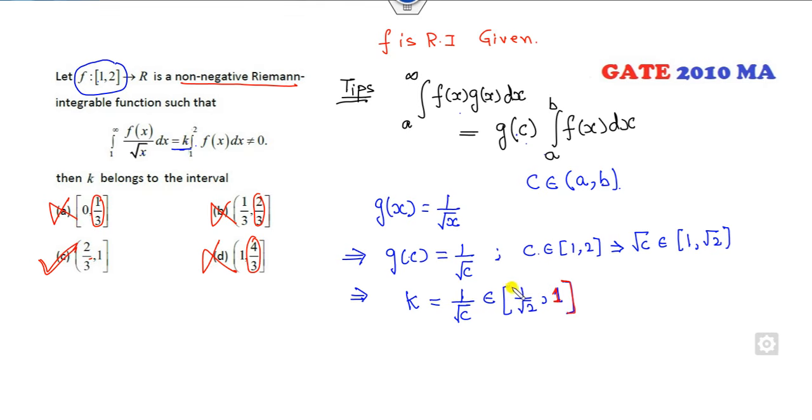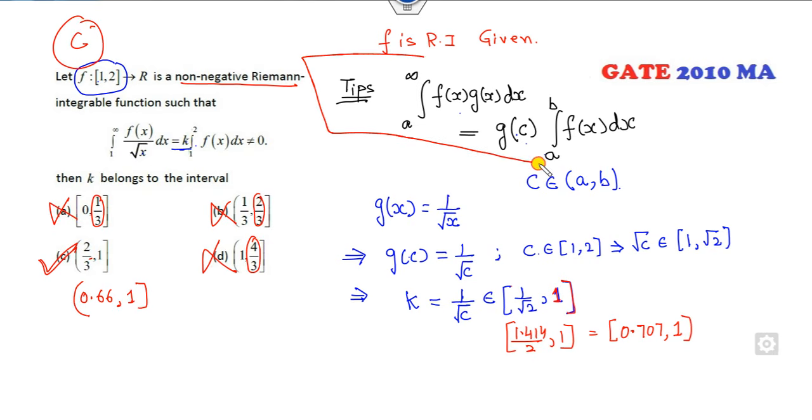Now you can see it's closed: 1.414 by 2 comma 1, that means 0.707 comma 1. It's a closed interval, but you can see it's 0.66 comma 1, it's open. So it satisfies this property. So C is the right answer by using this simple tip.